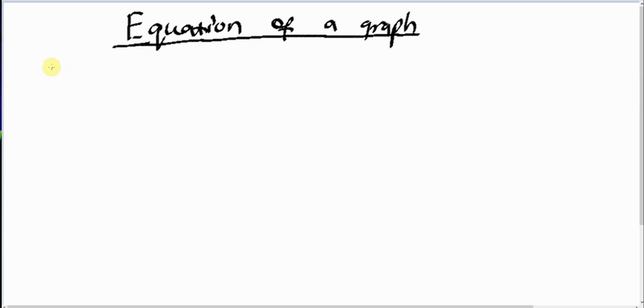So maybe I have y is equals to minus x squared plus 4, and this is the equation of the graph, and I need to sketch it.